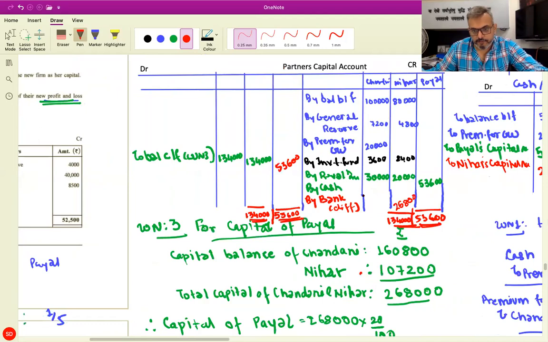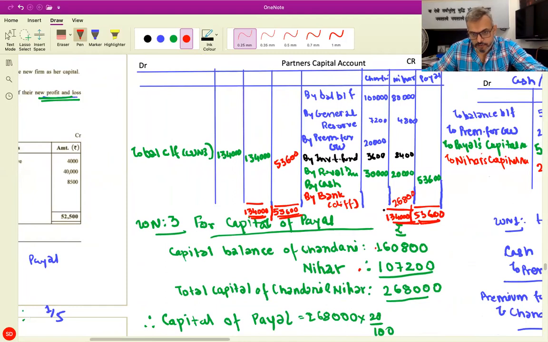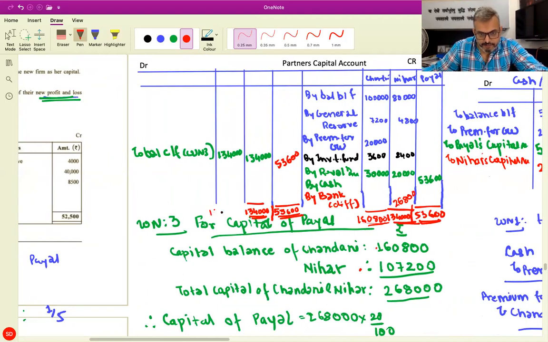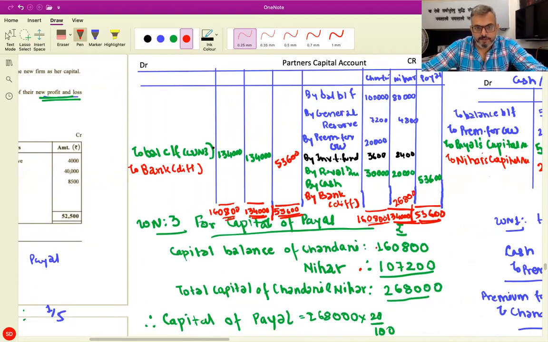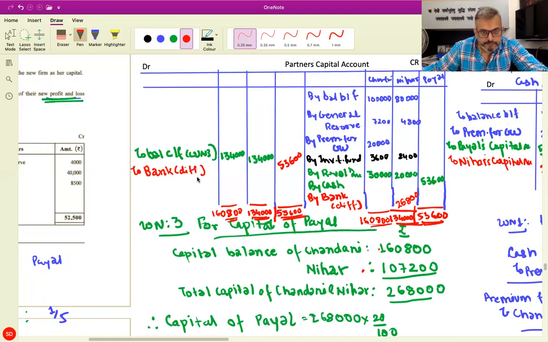Then let's go to Chandni. Now Chandni, we already know the balance 1,60,800. So credit side is more. So first we write over here 1,60,800. Same we write over here 1,60,800. And then the difference to bank. Bracket we will write difference. So we know how we got this. Again, the difference will be, oh, I'm sorry, just put it over here on the top. Wait, I'll just select it.